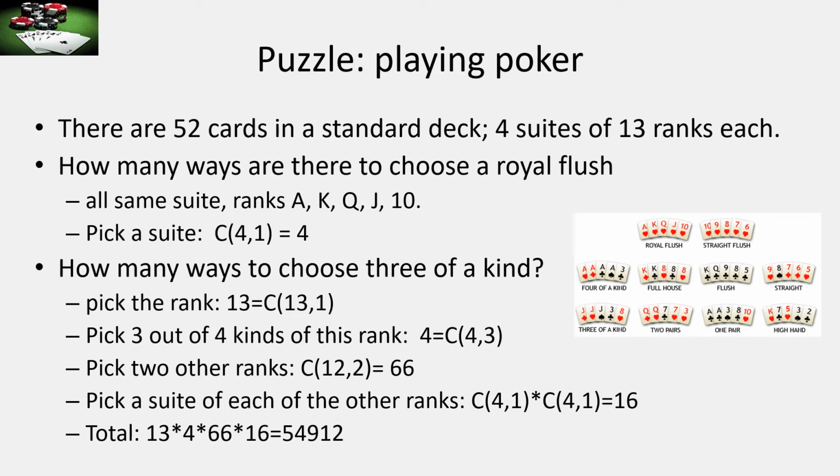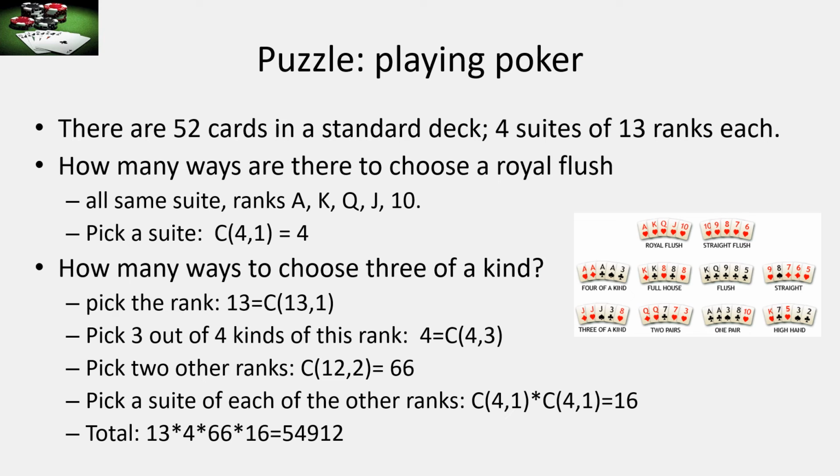Then we pick those 3 cards of the same rank out of 4 possibilities, and then we need to pick 2 other ranks, and then we will need to pick the suit of the cards of the other ranks, again 1 out of 4 possibilities each, like which one of them is diamond, which one of them is heart, or something else.